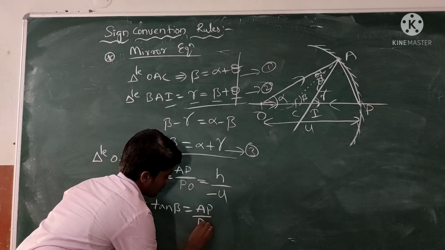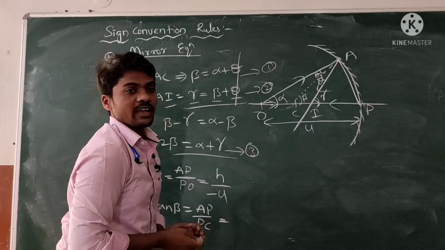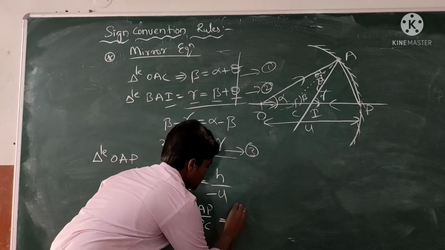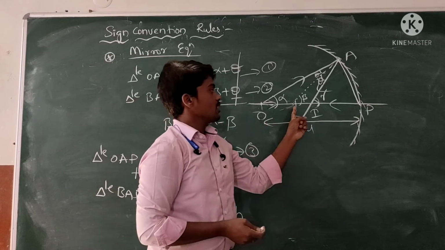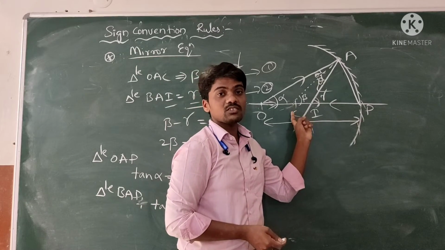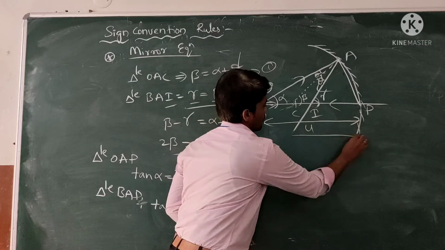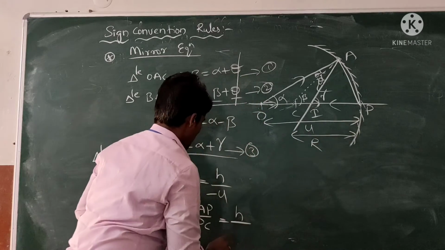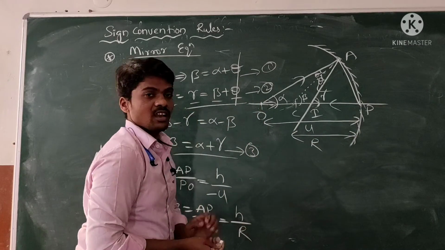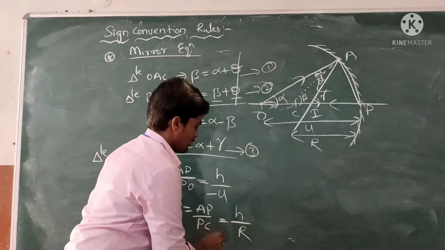AP means H, and PC means the distance between the center of curvature and the pole, which is the radius of curvature, R. Here also R is on the left side, and left side means negative sign.